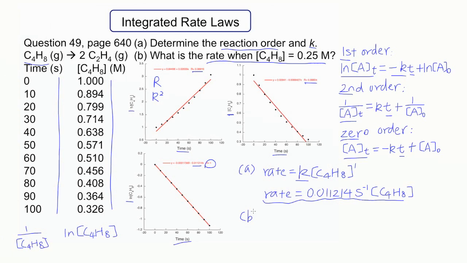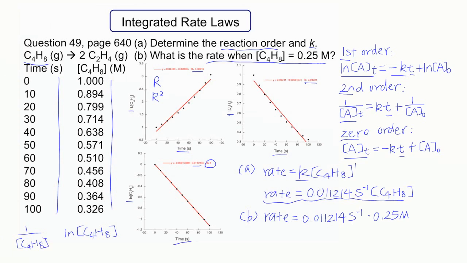All right, now let's take a look at B. Since we already know the rate law, and it's asking you about the rate when C4H8 is 0.25 mole per liter, you just need to plug this 0.25 mole per liter into this equation, and that will give you the rate. So the rate equals 0.011214 second to negative 1 times 0.25 mole per liter.